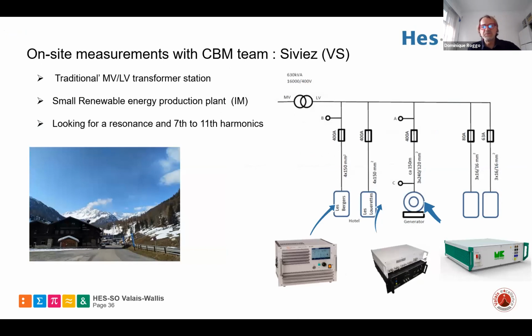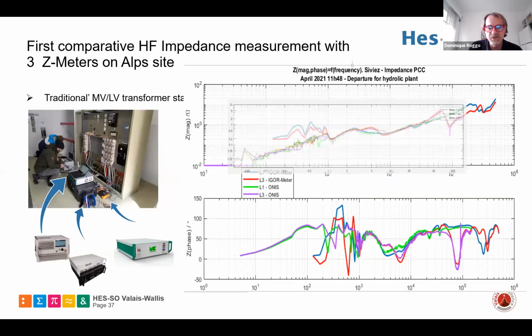As a last note, maybe behind the labs, we had the chance with colleagues from Kamstrup, who are partners of the project. I think Thomas is here. And we could measure on site the impedance in a very nice site in the Swiss Alps with 3 impedance meters. It was a basic transformer station, no complicated location. And this is the first on-site comparison of 3 impedance meters.